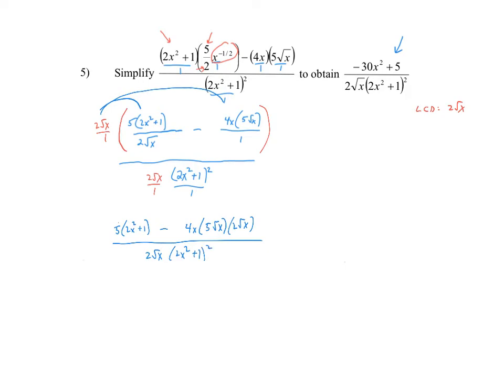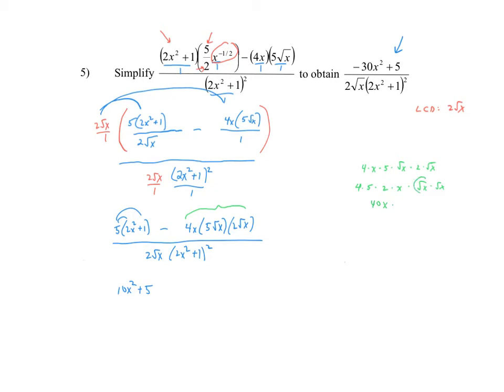In the numerator, distribute the 5. We get 10x squared plus 5. Now, we're noticing right here we have a major multiplication problem. It says 4 times x times 5 times root x times 2 times root x. If you find it helpful, go ahead and rearrange the terms right now. 4 times 5 times 2 times x times root x times root x. You can see now that we have 40x.